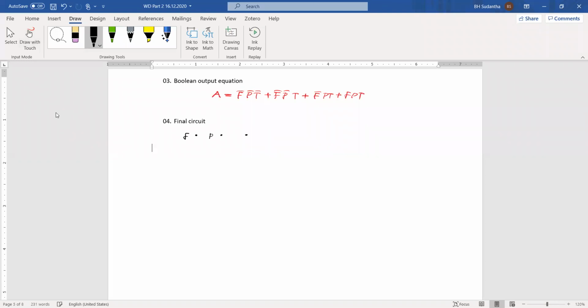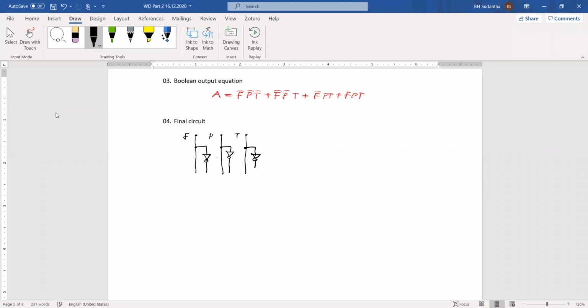F, P, T. We can make F bar here, and this is P, P bar, this is T, and this is T bar.